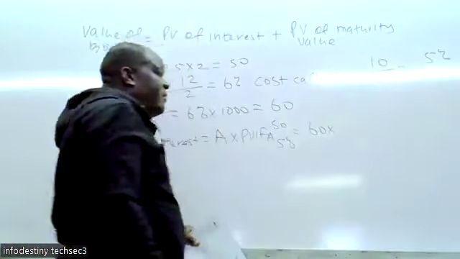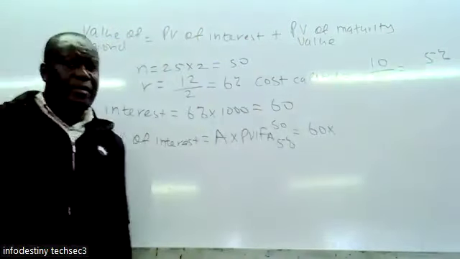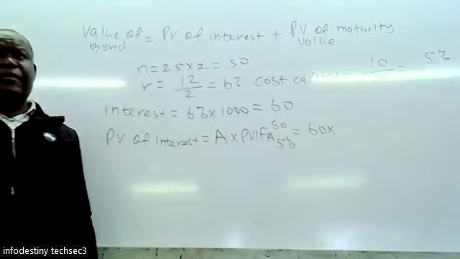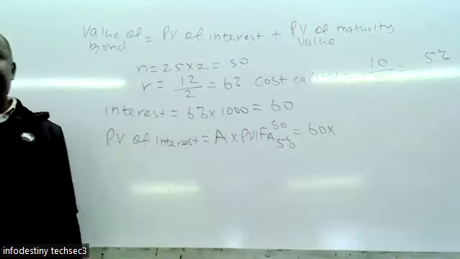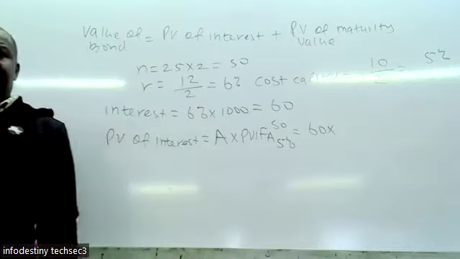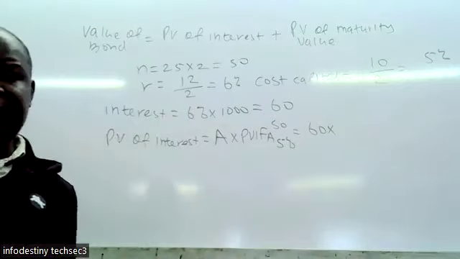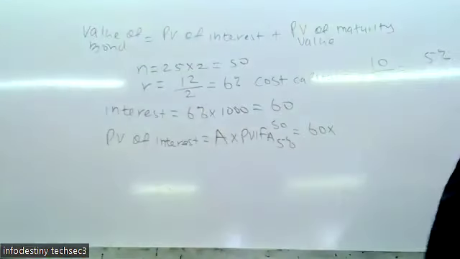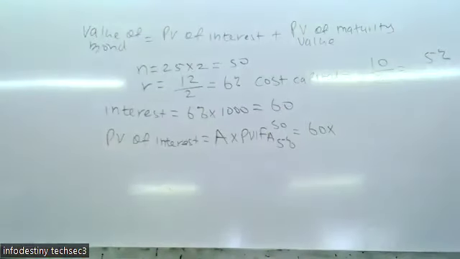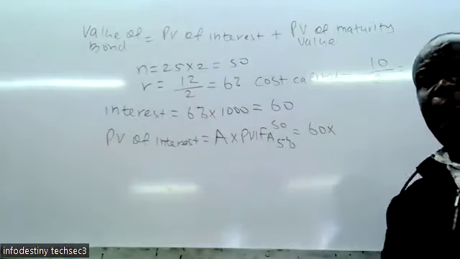So confirm in the annuity table what is 5% in period 50.